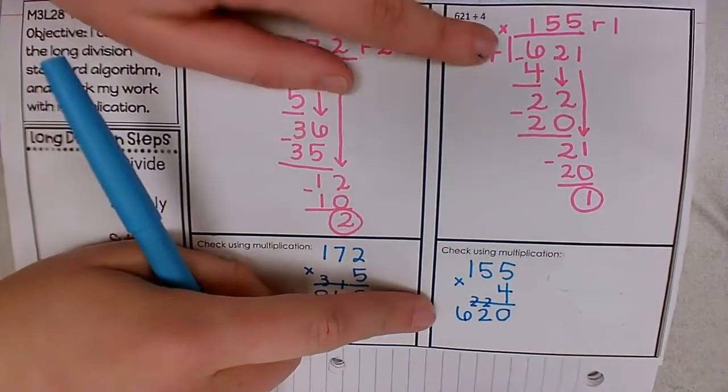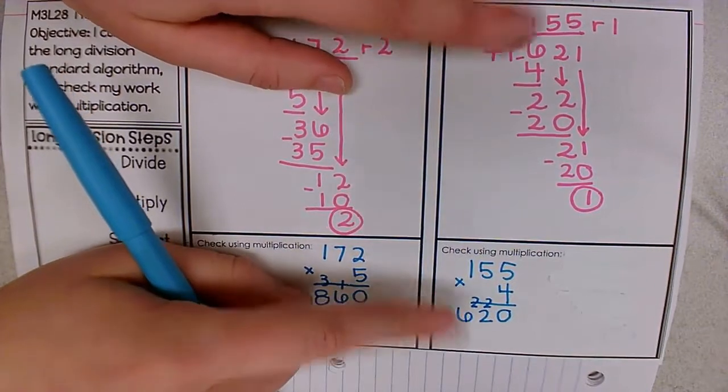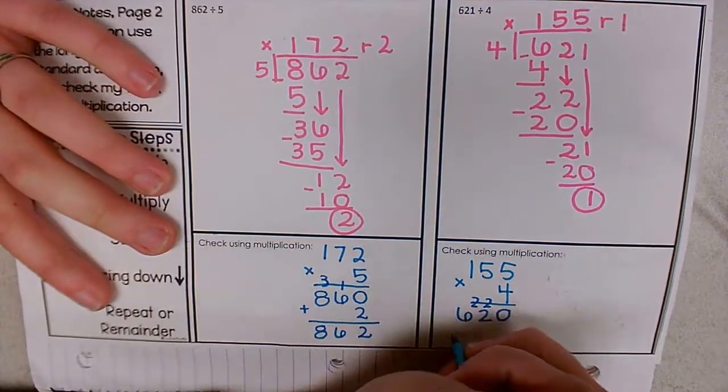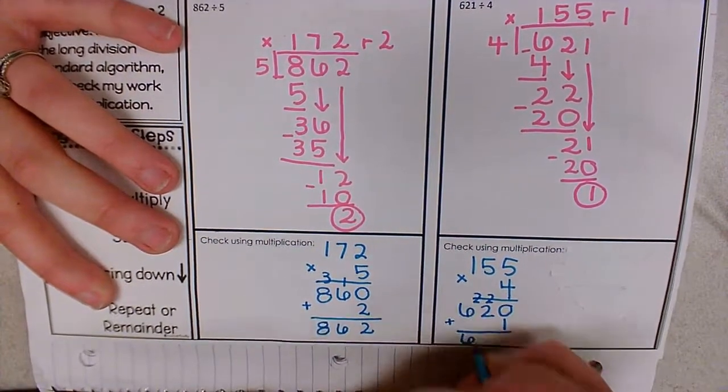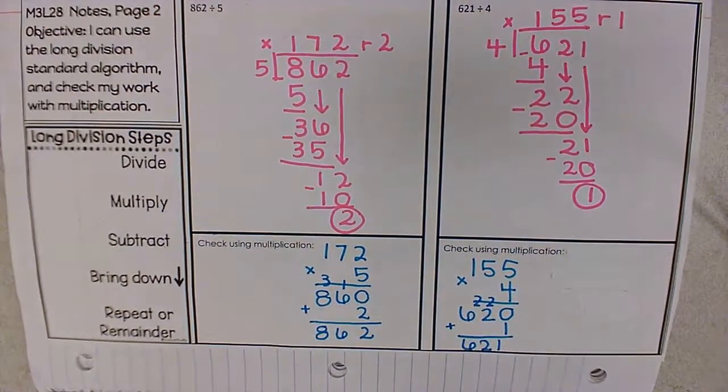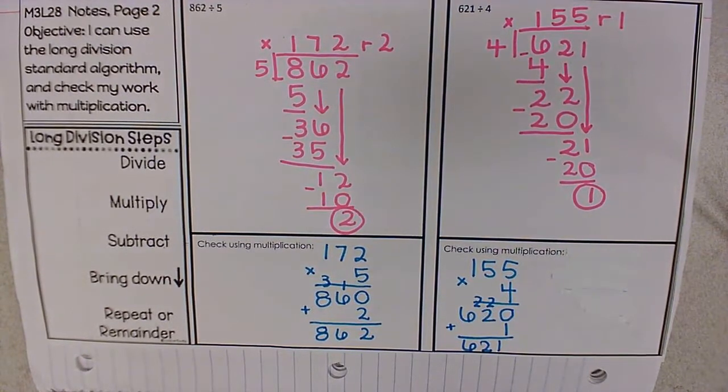Now my dividend doesn't match my answer, which is okay because I haven't added my remainder yet. 620 plus 1 more equals 621. Now let's keep practicing in our problem set today.